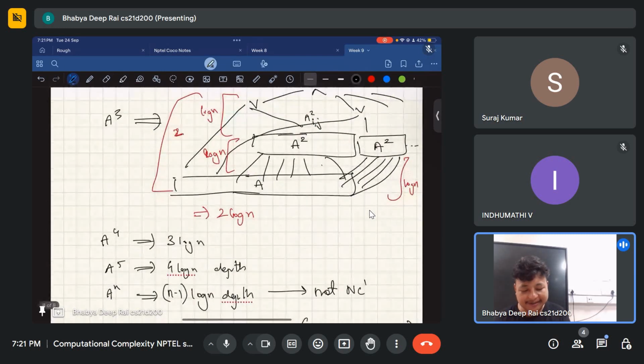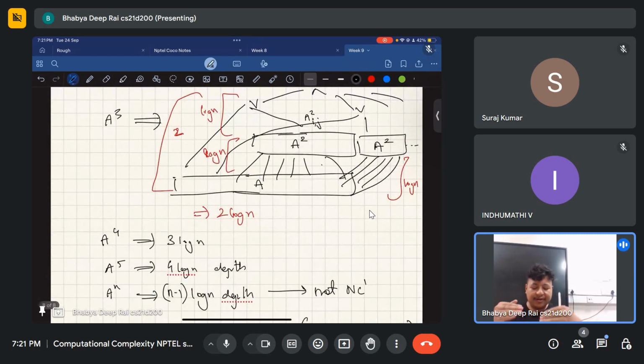So this thing that I said, that every time I do a cube, I add another layer of circuit, a to the 4, I add another layer of circuit, and so on till a to the n causes n log n depth of the circuit. This is true only if you do it trivially. If you apply this repeated powering, I won't do a cube, a to the 4, a to the 5, and so on. I won't do it that way.